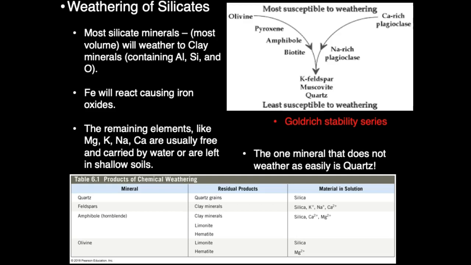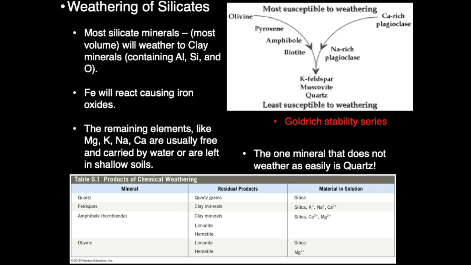The aluminum, silicon, and oxygen combine with water to produce residual clay minerals, which again are pretty stable at the surface. They're not going to get weathered away very easily. And then the remaining contents, so mostly just silicon and oxygen, tend to form silica grains, or tend to be silica grains from the start.